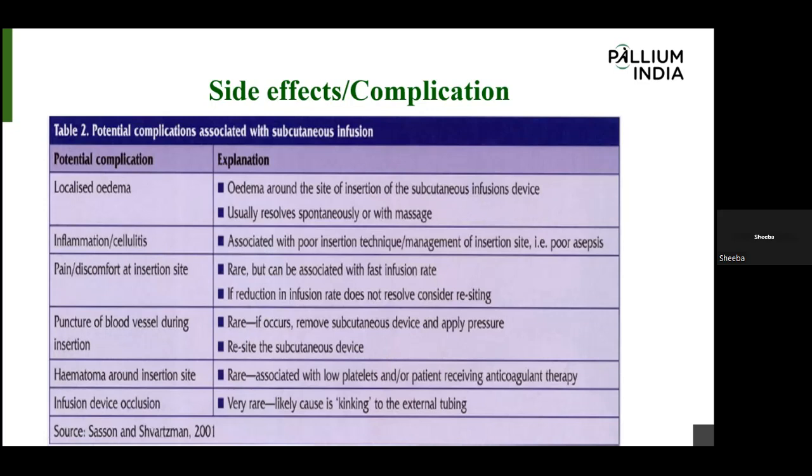And hematoma around the insertion site is also very rare. The infusion device occlusion is also very rare; sometimes kinking of the external tubes is the only way occlusion can happen. Otherwise, it will not happen. So these are some side effects you have to keep in mind.